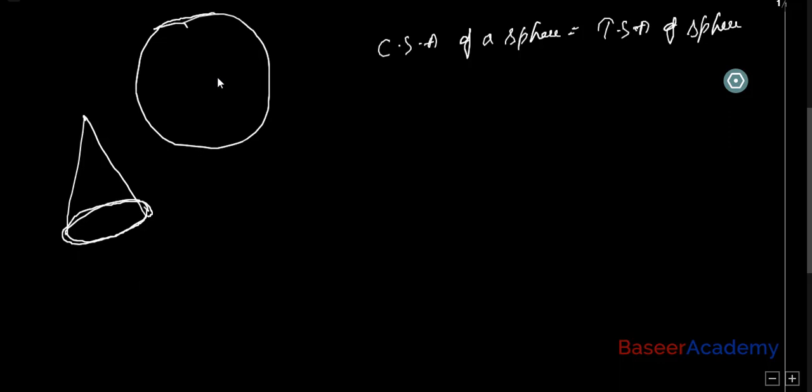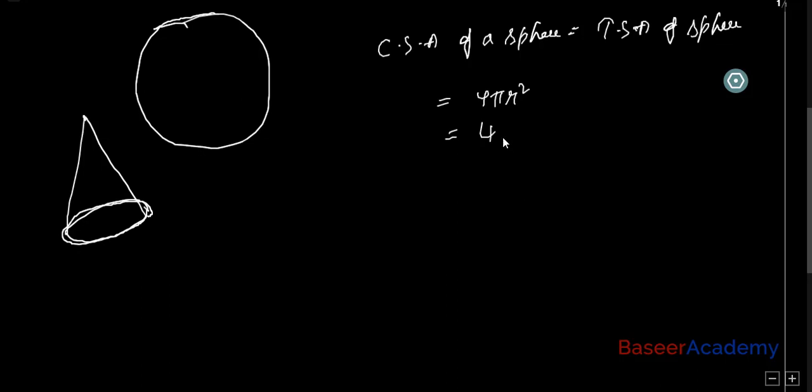So that's the reason the curved surface area of a sphere and the total surface area of a sphere are one and the same. Now, curved surface area of a sphere is 4 pi r square. Remembering this is quite easy. You can remember it this way.